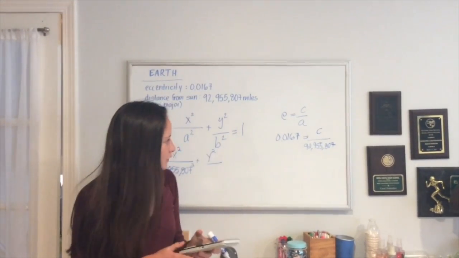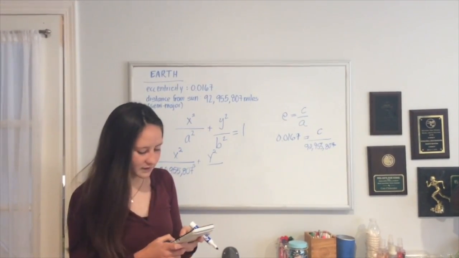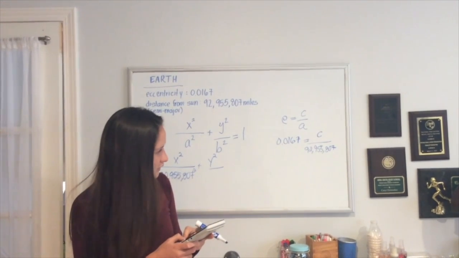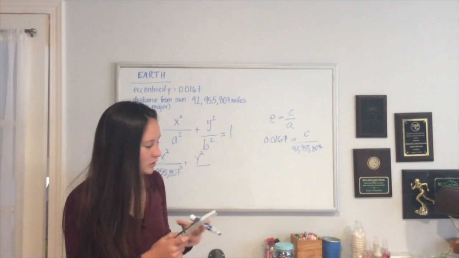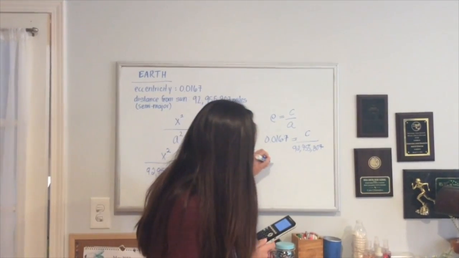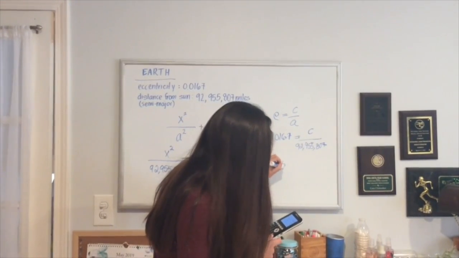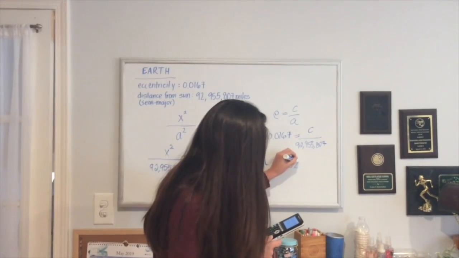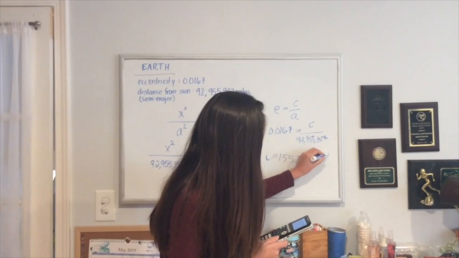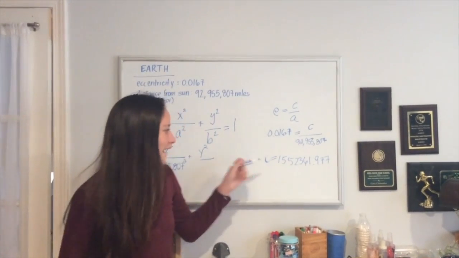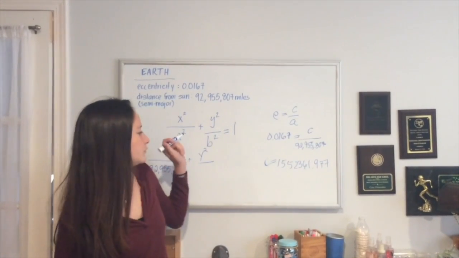So really quickly, if we multiply 0.0167 by 92,955,807 miles, we're going to get our C value, which is 1552361.977. So we have our C value, but we need our B value.